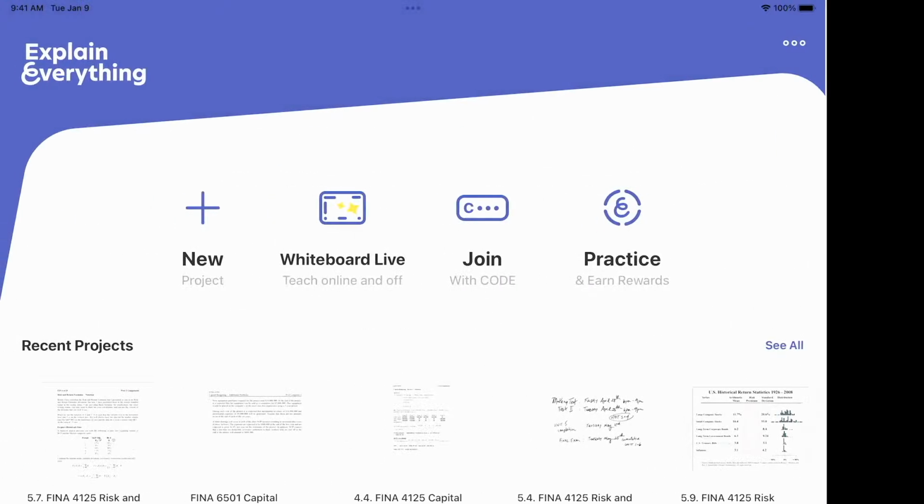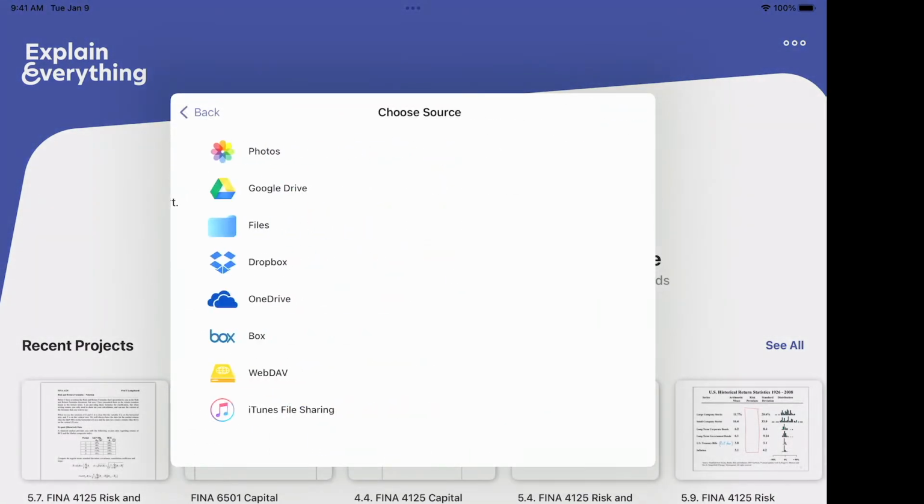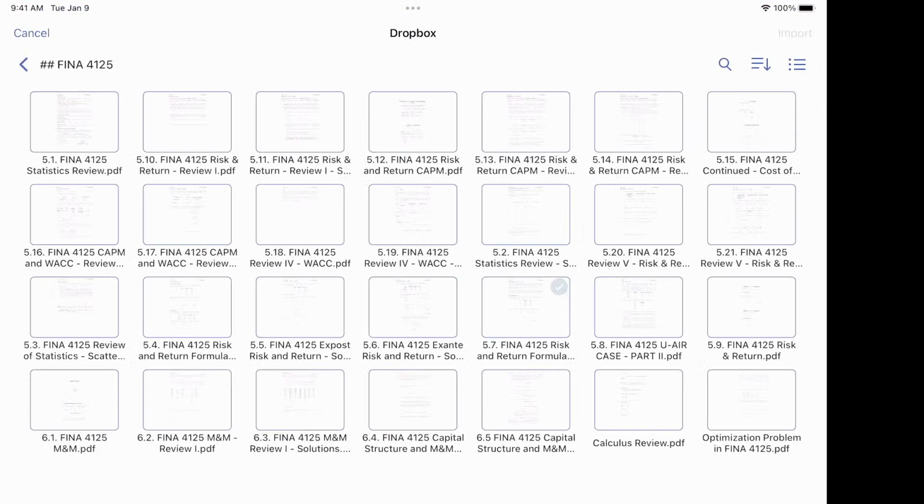Expected return? Yeah, like if I use other information to create what's called ex ante returns. Let me see. Ex ante. I think it's this one.